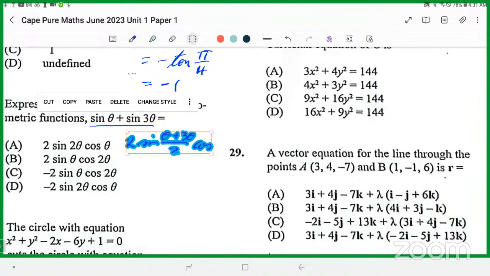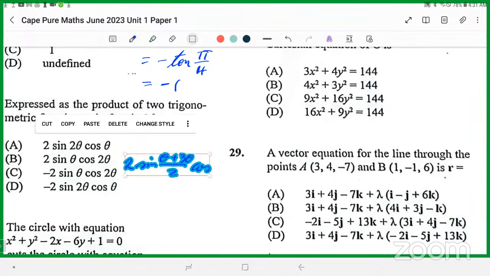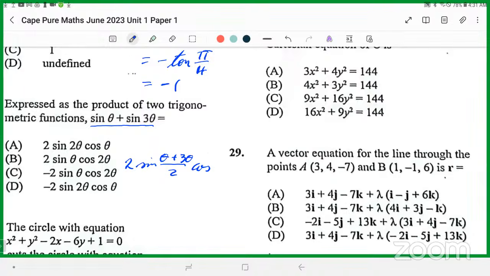Times the cos of half the difference, which is theta minus 3 theta over 2. So it becomes 2 times the sine, but this now becomes 4 theta over 2, which becomes 2 theta. And it becomes the cos of minus theta, right? Because that's minus 2 theta over 2, minus theta.